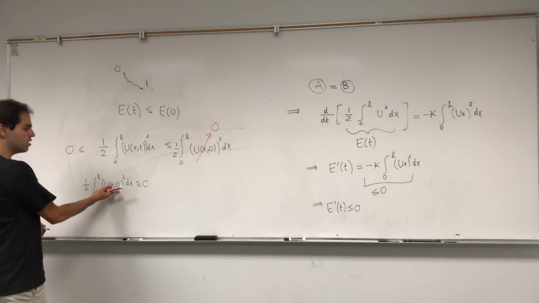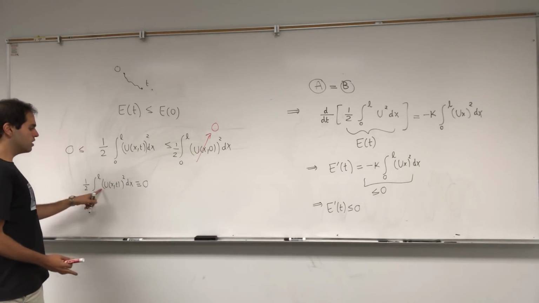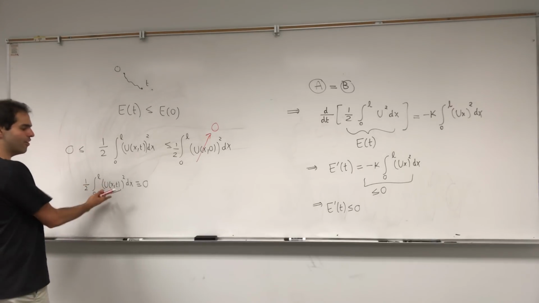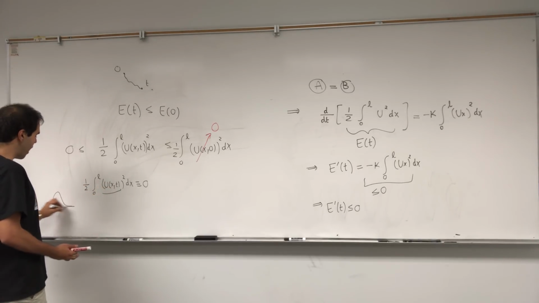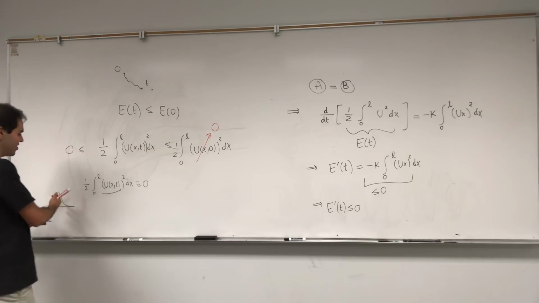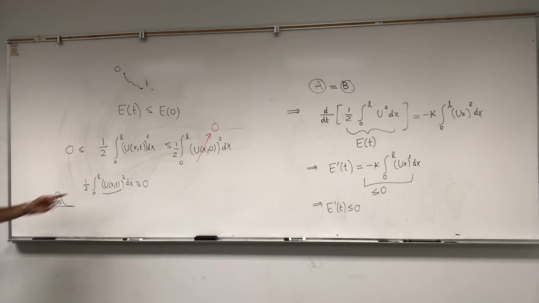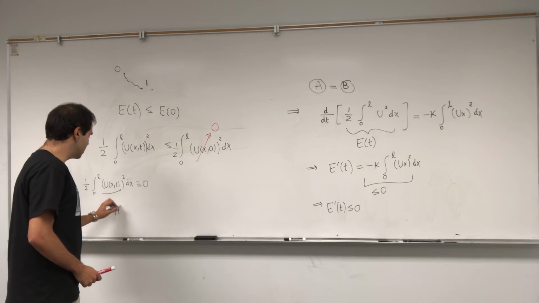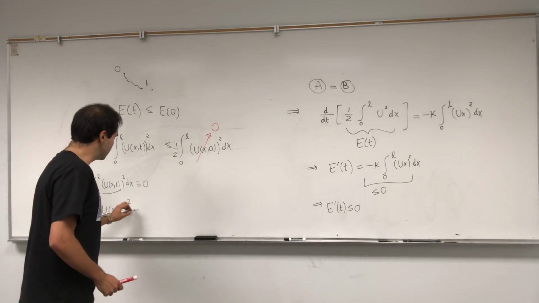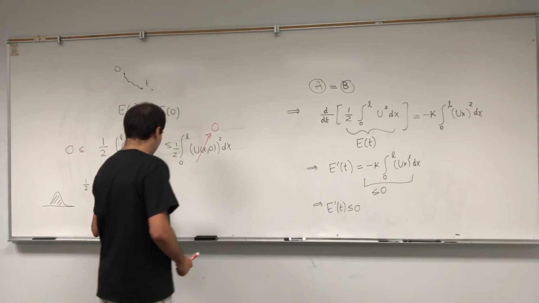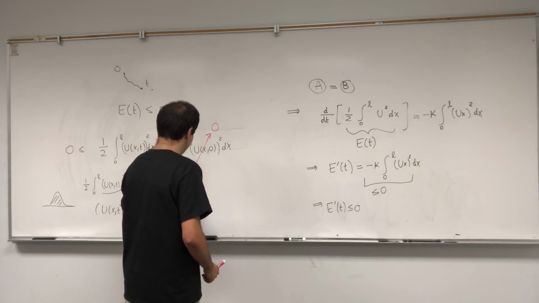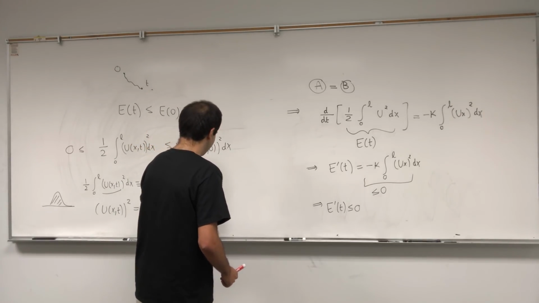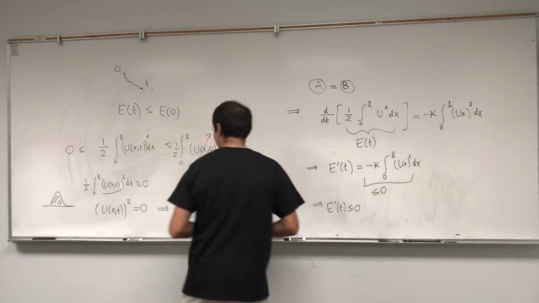But what does that imply? Well, this is a non-negative function, and the only way a non-negative function can have a 0 area is if this function is 0. So u(x,t) squared must be 0 for all t, and therefore u(x,t) must be identically equal to 0.